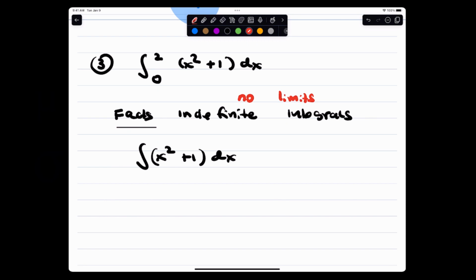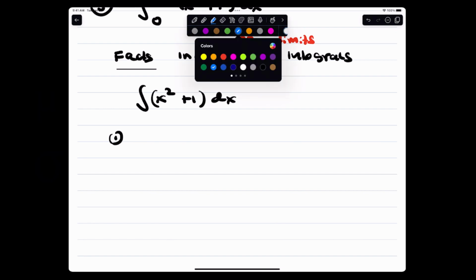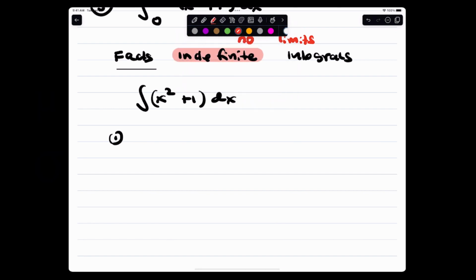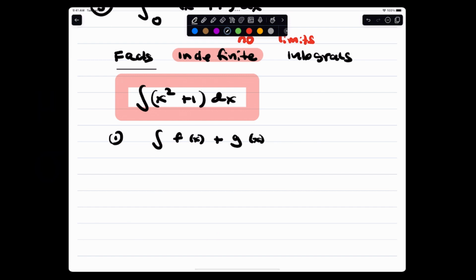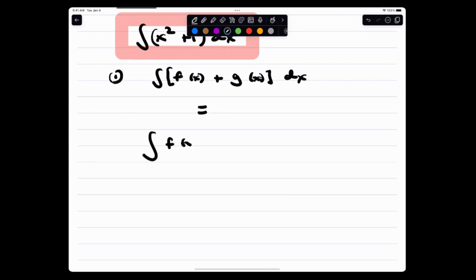A couple of things that people say about indefinite integrals. So here's some facts, right? Let me just say I'm going to divert here. But nevertheless, here's your first fact. If you have to integrate a sum of two functions, well, the integral of a sum is the sum of integrals.